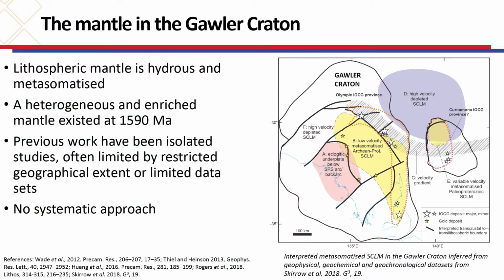More recently, earlier this year, Roger Skirrow and others compiled all of the available geochemical and geophysical data to essentially create this sort of mantle domain map, and they identified a metasomatized subcontinental lithospheric mantle zone, which lies under a significant portion of the Gawler Craton.